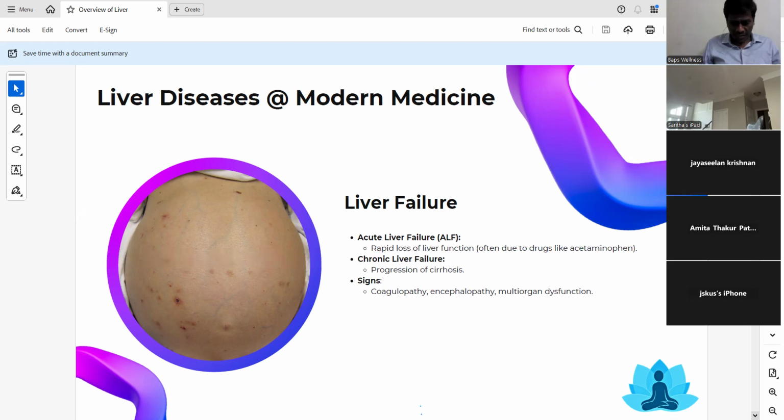So when it fails to detoxify, the entire metabolic activity in the body gets into chaos, and the organ which is weak will fail first, and gradually the other organs also, one by one, leading to multi-organ dysfunction or failure.